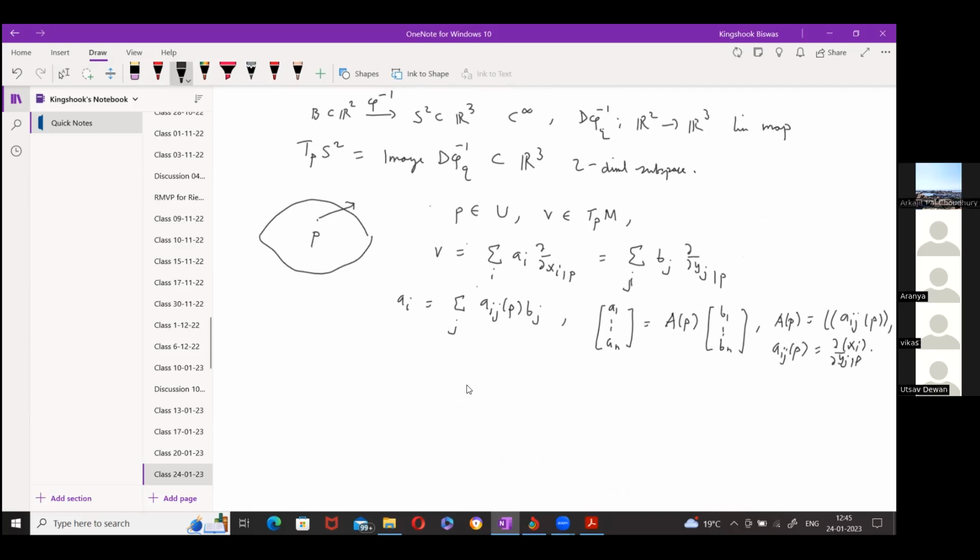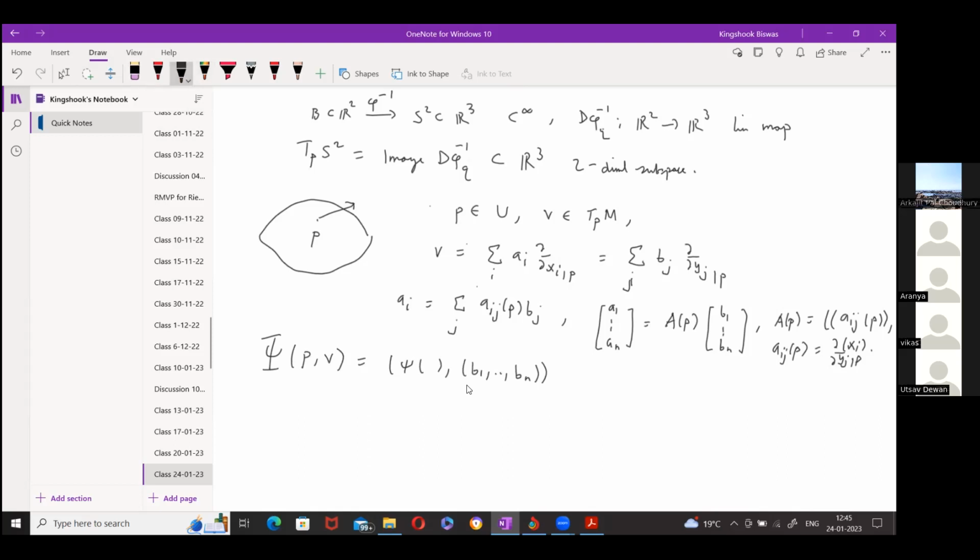So what am I doing now? I have my map capital psi. So capital psi of (p, v) is going to be little psi of x comma b1 to bn, by definition.